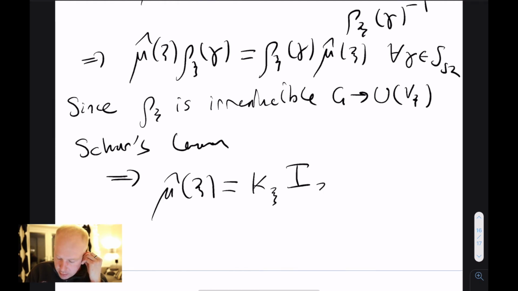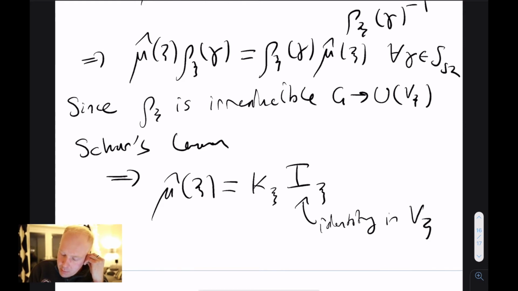So this is the identity on V psi for some constant k psi, which is a complex number.